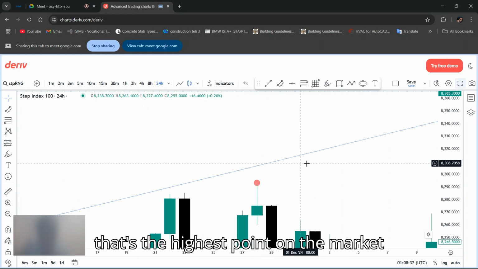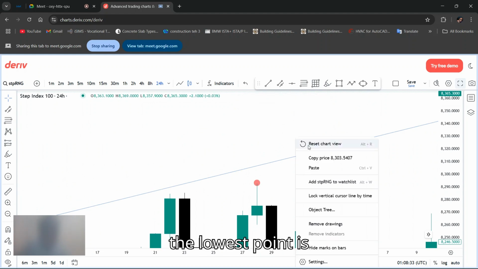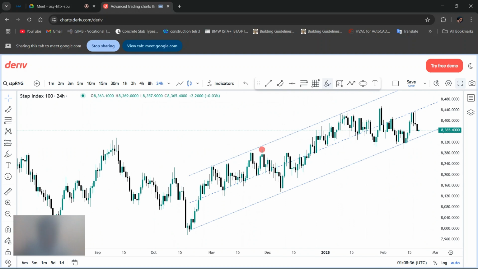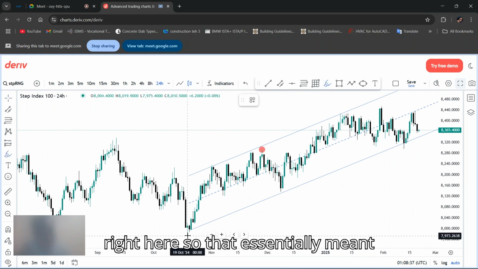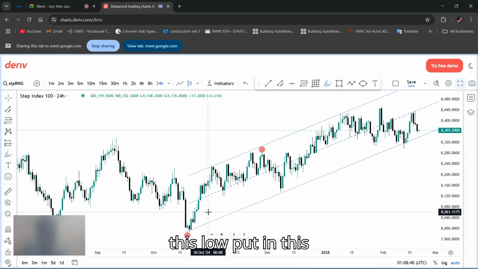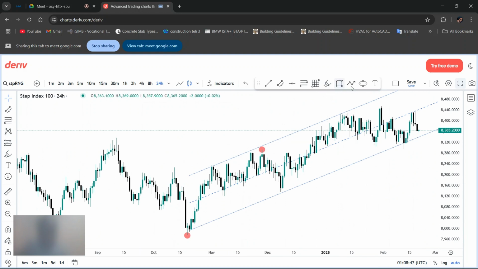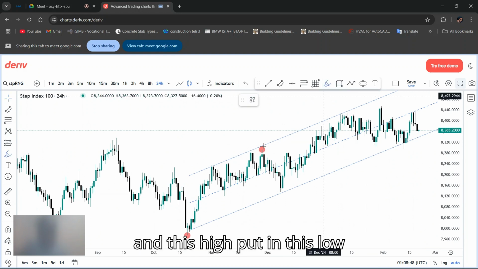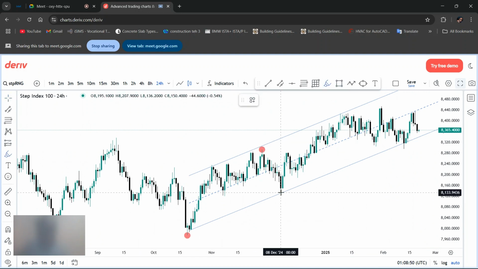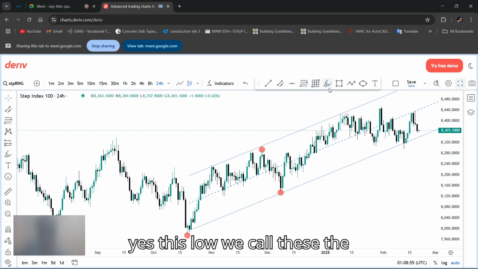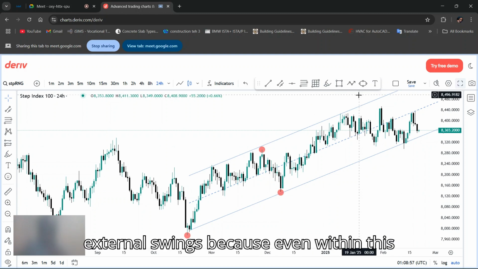That's the highest point of the market. The lowest point is right here. So that essentially means this low put in this high that we have here, and this high put in this low. These are what we call the external swings.